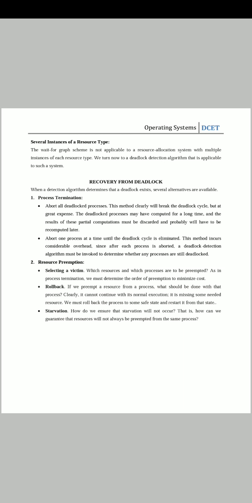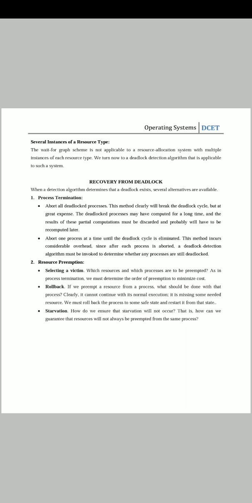As in process termination, we must determine the order of preemption and minimize the cost. In which order should I terminate the processes or preempt the resources, and which takes the minimal cost, minimal effort, that resource I am going to preempt first.